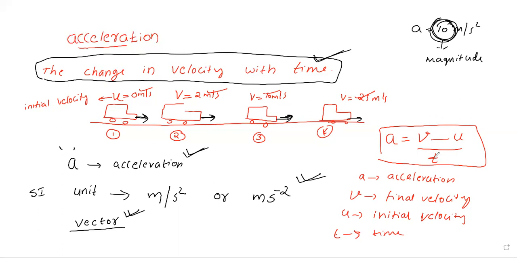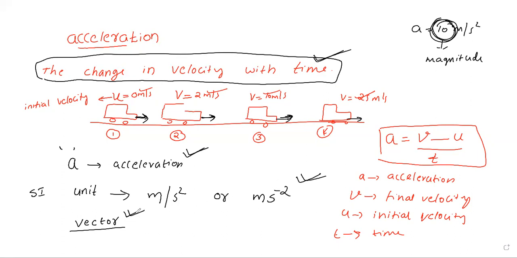For example, suppose in the exam they ask you to write a short note on acceleration. You can write the first point, that acceleration is the change in velocity with the time. The second point, it can be represented by the letter a. The third point, the SI unit or standard unit of acceleration is meter per second square or meter second raised to minus 2.